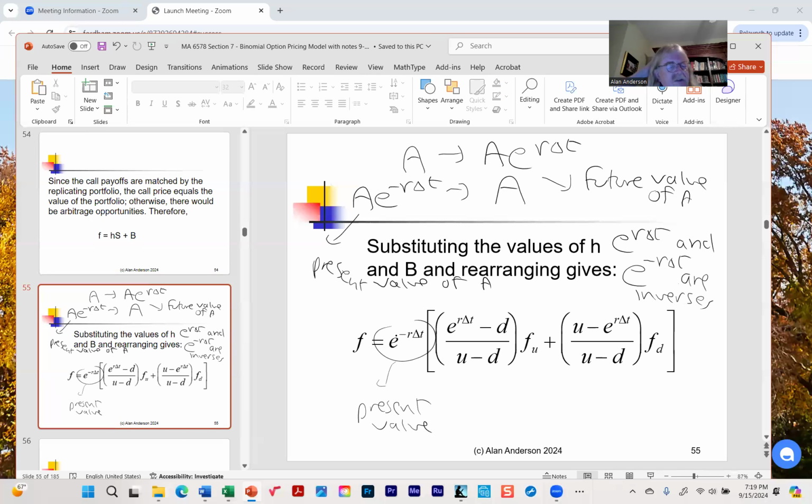This e to the minus r delta t on the outside means that whatever we're doing here, we're calculating the present value. So inside the parentheses, what you're seeing is a bunch of terms. And I'll just give you a hint as to what's coming.